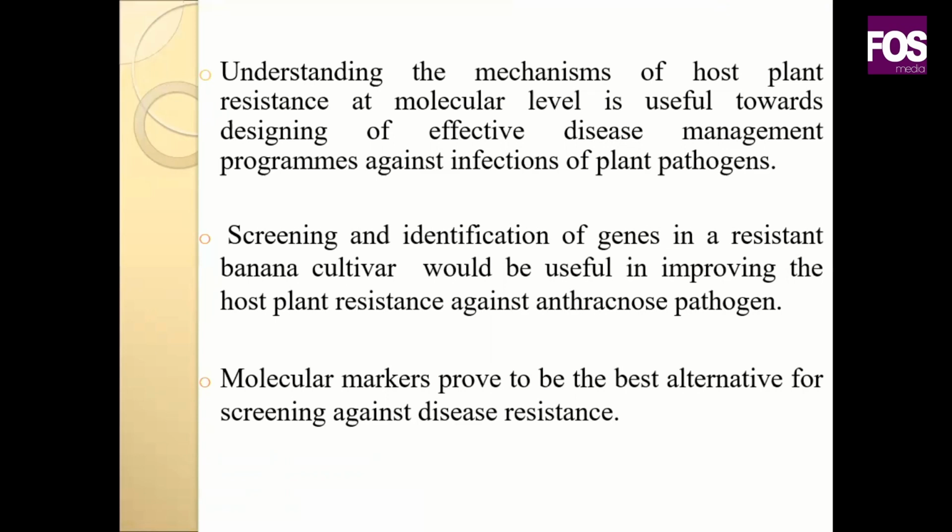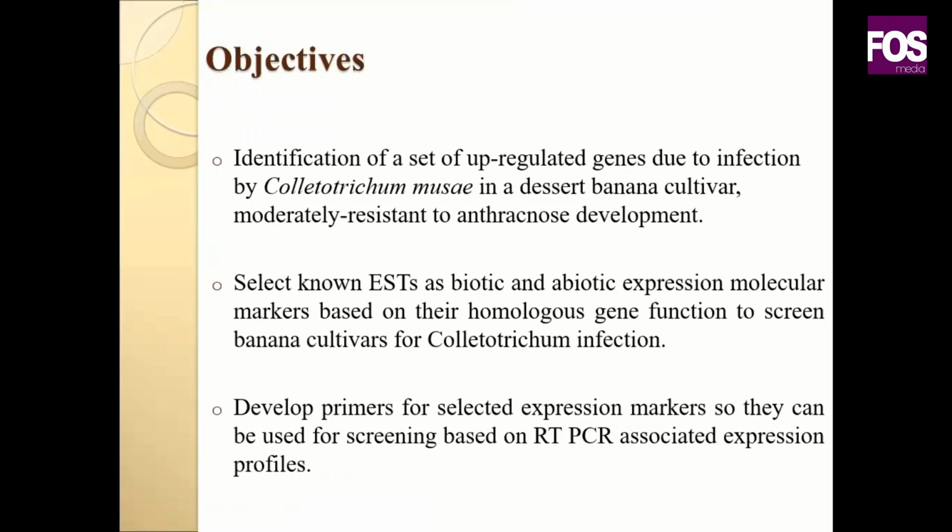The screening and identification of genes in resistant banana cultivars would be useful in improving host plant resistance against the anthracnose pathogen. Therefore, the molecular marker proved to be the best alternative for screening for disease resistance.